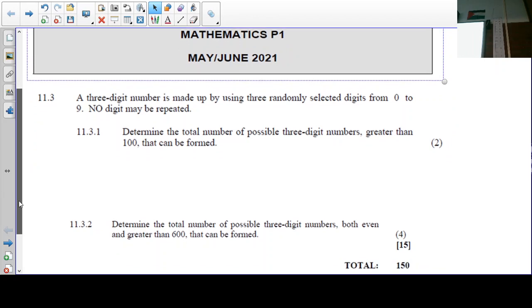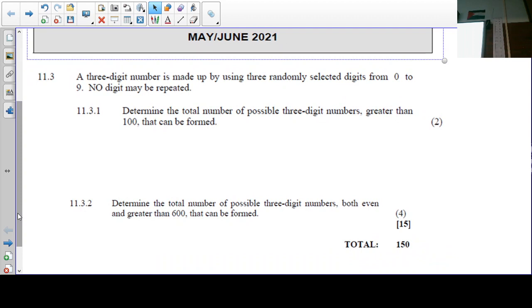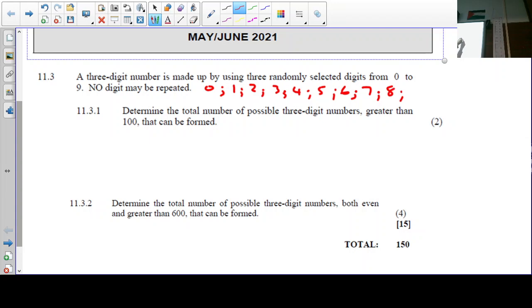In 11.3.1, we are told that a 3-digit number is made up by using 3 randomly selected digits from 0 to 9. No digits may be repeated. So we can go 0, 1, 2, 3, 4, 5, 6, 7, 8, 9.